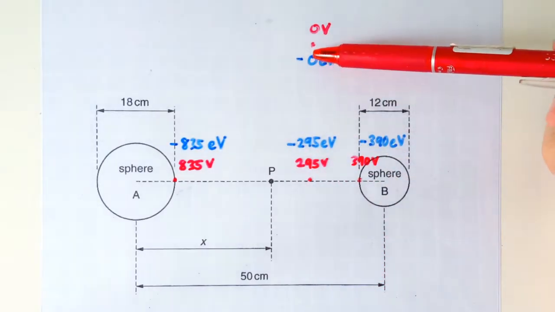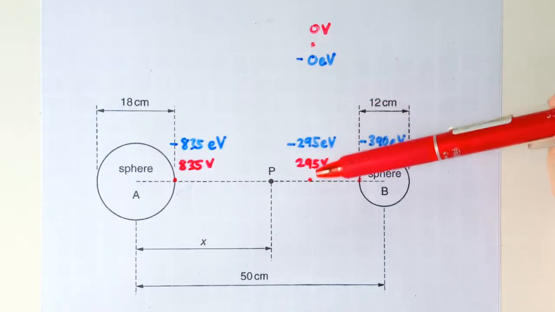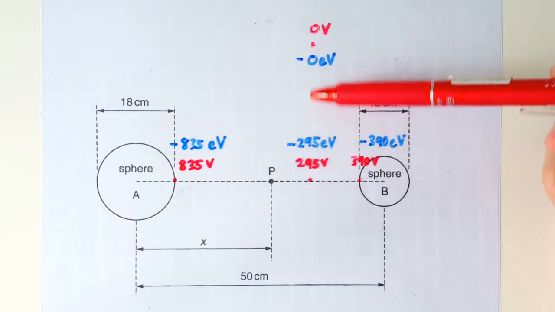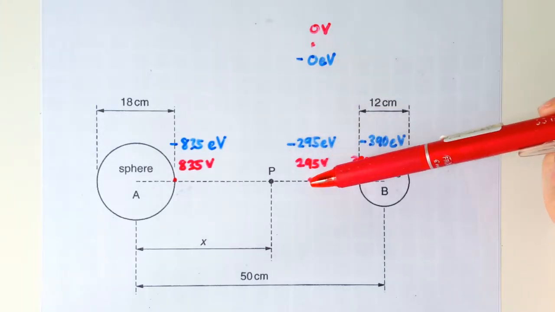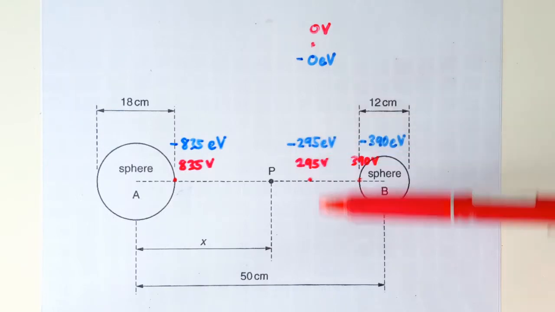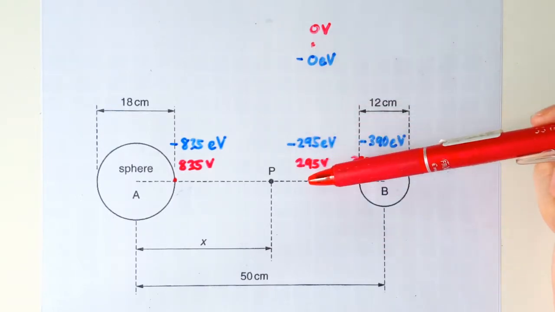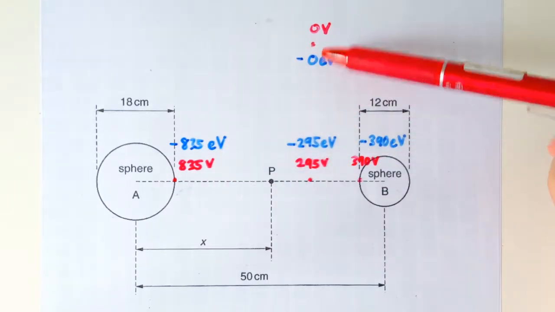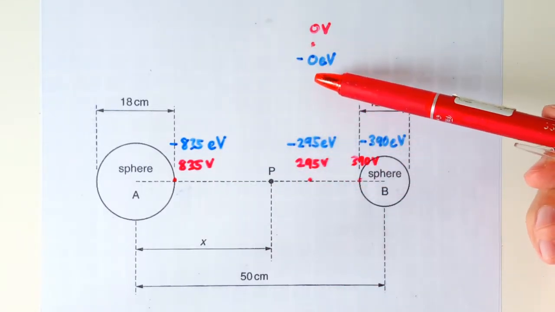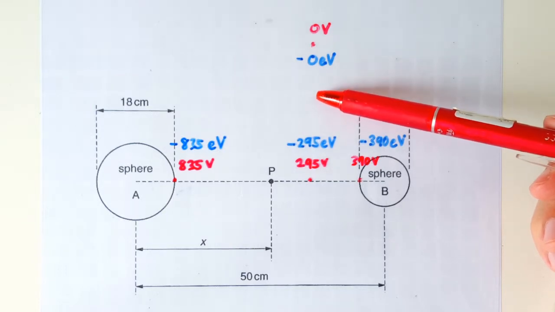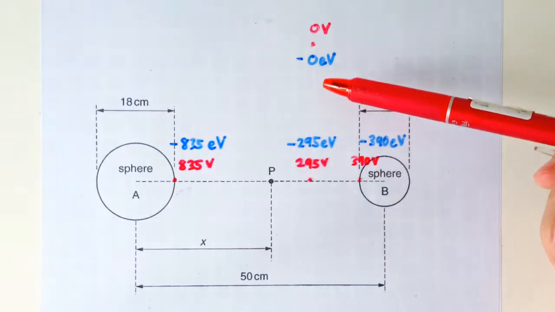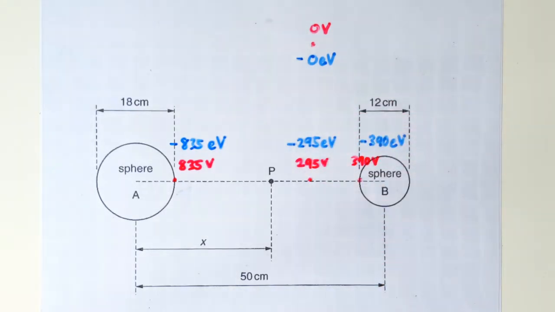So going from here to here actually corresponds to the electron losing the least amount of EPE, which will correspond to the least gain in KE. So I repeat, going from here to here compared to going from any other points is actually the least amount of loss in EPE, which should translate to the least amount of gain in KE, which should translate to the minimum speed.